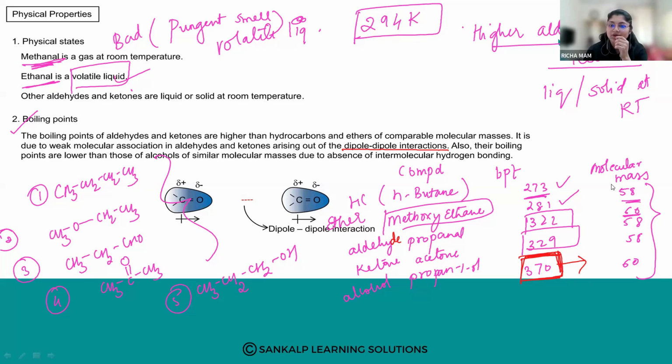The molecular masses are the same, but still the boiling points change. Aldehydes and ketones have higher boiling points because they have weak dipole-dipole interactions as compared to hydrocarbons and ethers. Is it clear about boiling point?